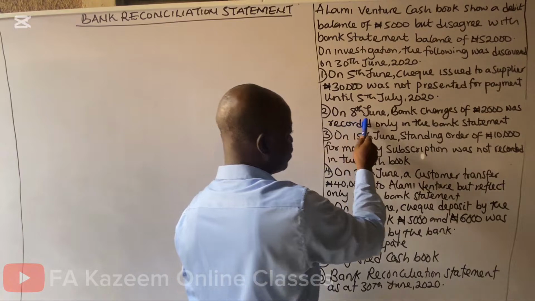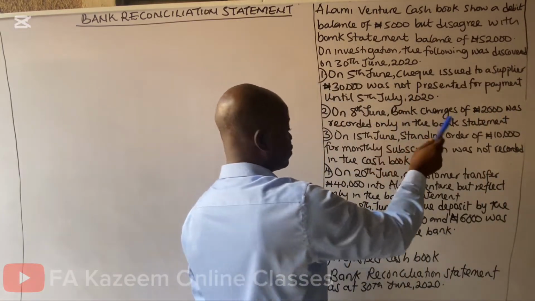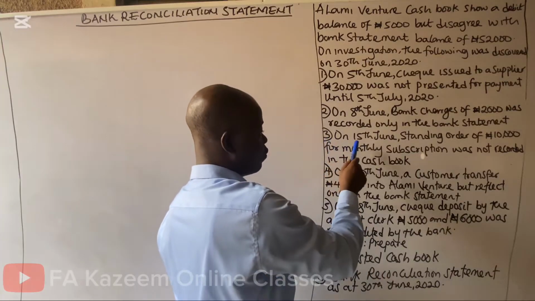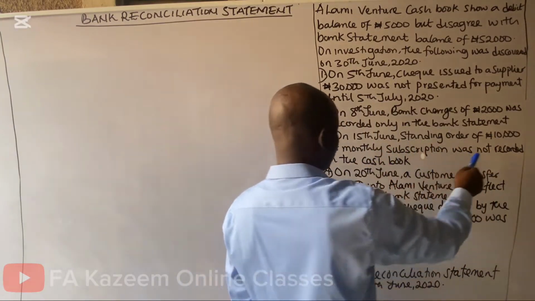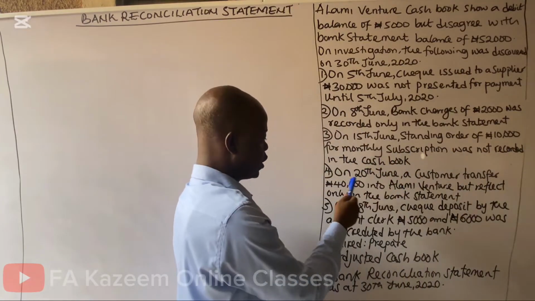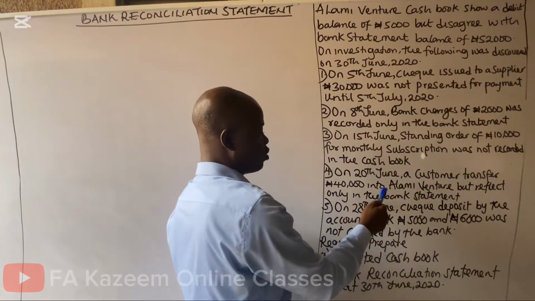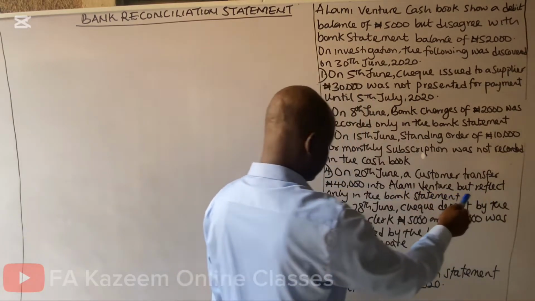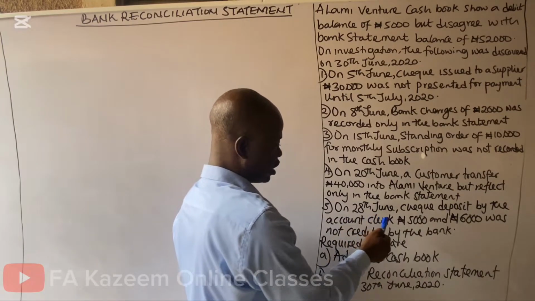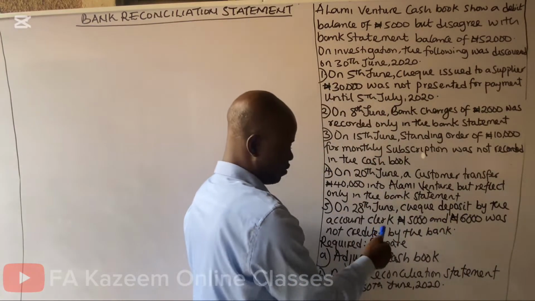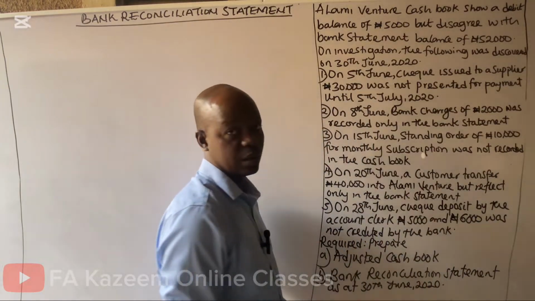Number two, on 8th June, bank charges of 2,000 naira were recorded only in the bank statement. Number three, on 15th June, a standing order of 10,000 naira for monthly subscription was not recorded in the cash book. Number four, on 20th June, a customer transferred 40,000 naira into Alamin's venture, but it was reflected only in the bank statement. Number five, on 28th June, a check deposited by the account clerk, 5,000 and 6,000, was not credited by the bank.